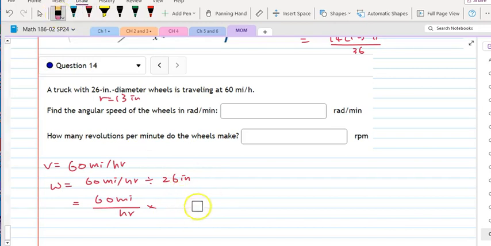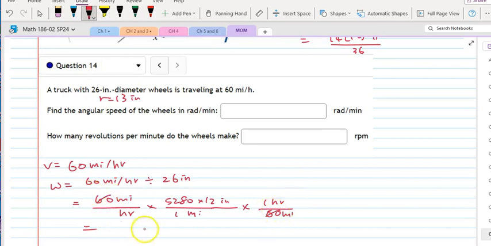Okay, so maybe don't do this yet because I don't have inches. I have to do 1 mile is 5280 times 12 inches. So now I have inches. And then my hour, because they want minutes, 1 hour is 60 minutes. Great. So all in all, this 60 and this 60 go away.